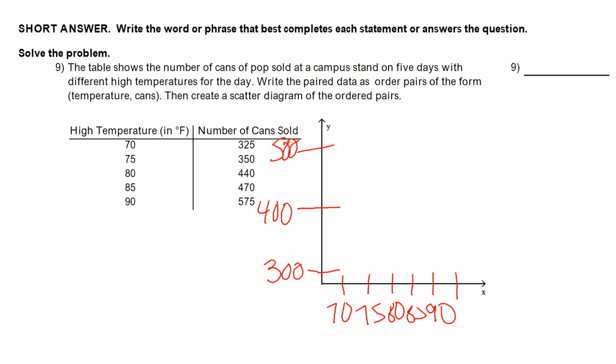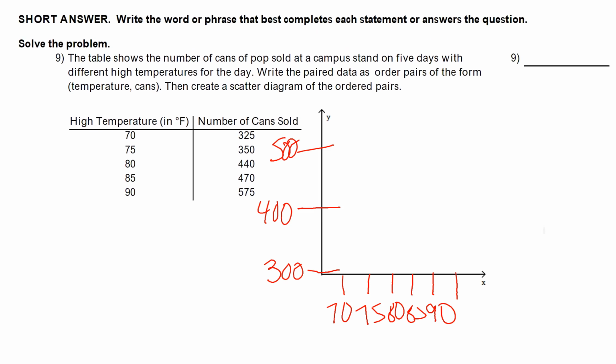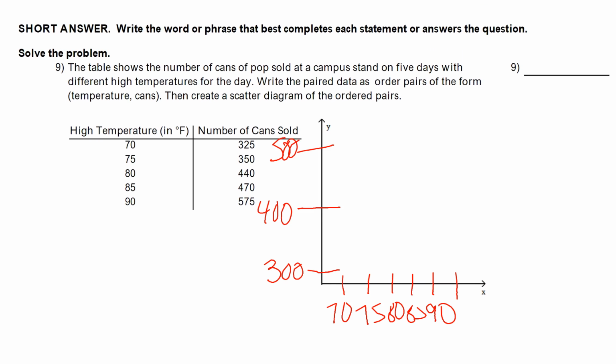Well, after looking at your data, you could, on this x-axis, set up your temperature. And I think we lost something there. Let's see here. Set up your temperature, so this would be T. And then here, this would be the number of cans. And I looked there, studied my data, and it's 300 to 500 or so.